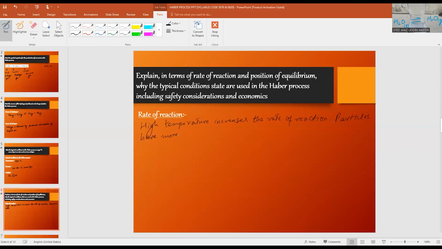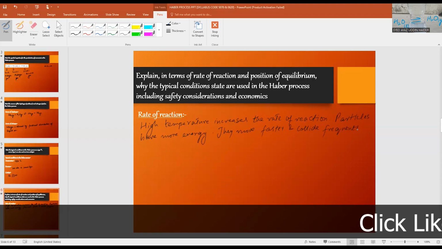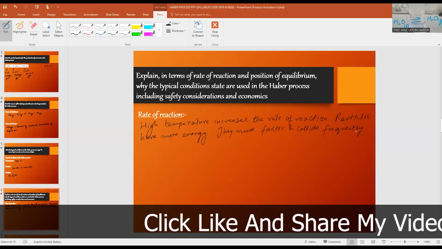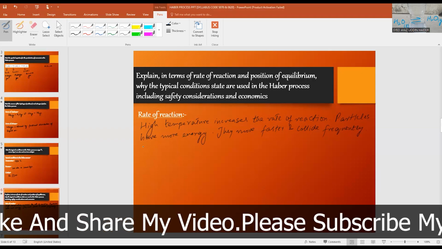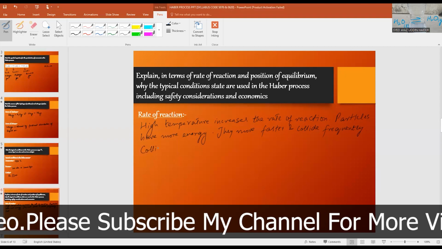They move faster and collide more frequently. The collisions are more effective.